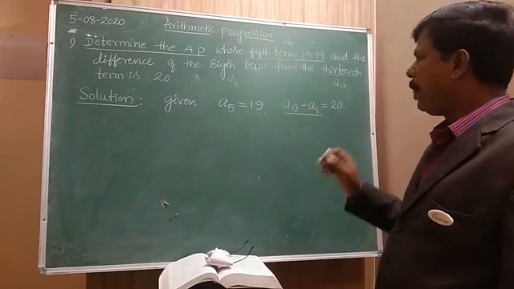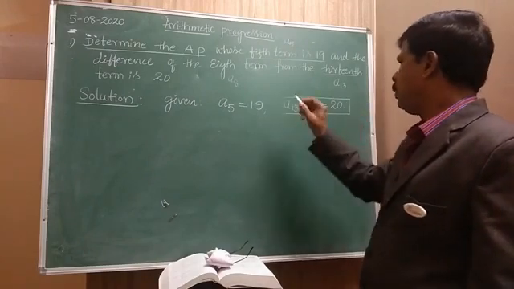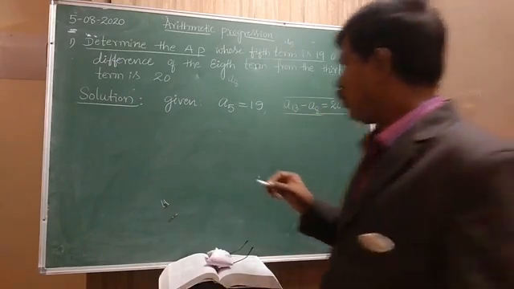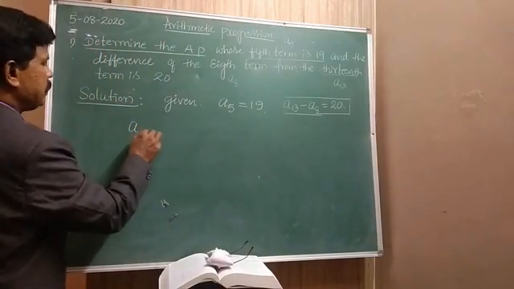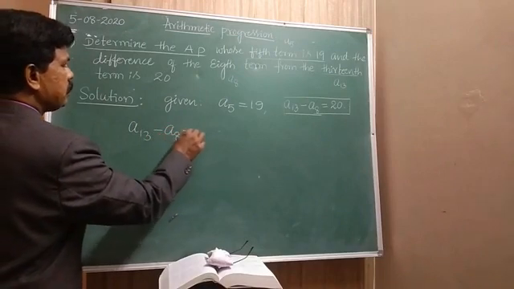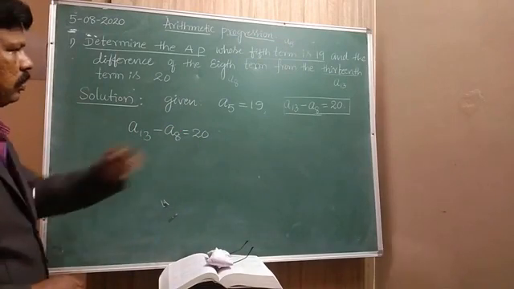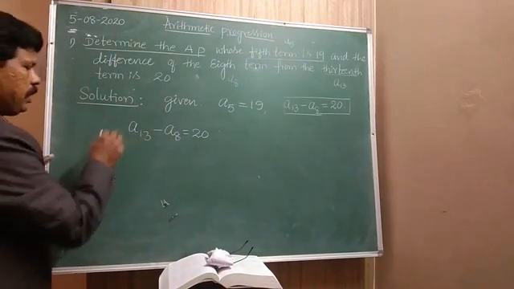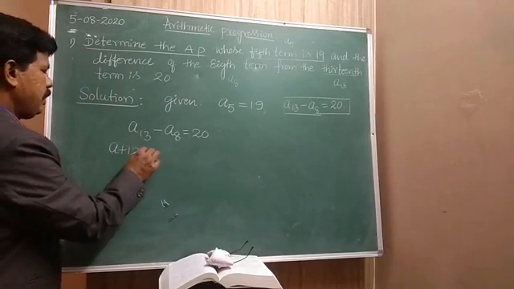Clear? Now make use of this. What can you write? A13 minus A8 is equal to 20. Now A13 can be written as A plus 12D.